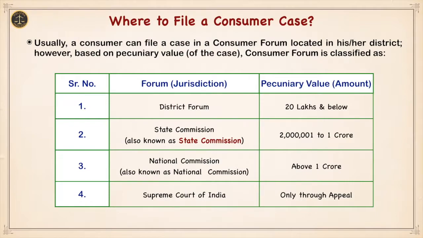Second, the state commission takes cases up to 1 crore, starting from 20 lakhs. Third is the national commission. All cases above 1 crore can be filed directly in the national commission. If the problem doesn't get solved there, then you can appeal to the Supreme Court of India.